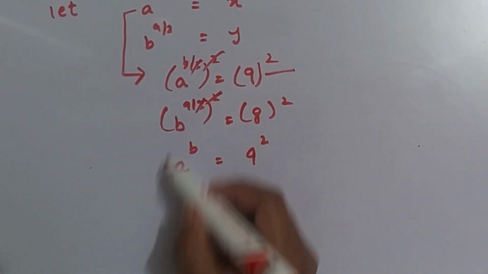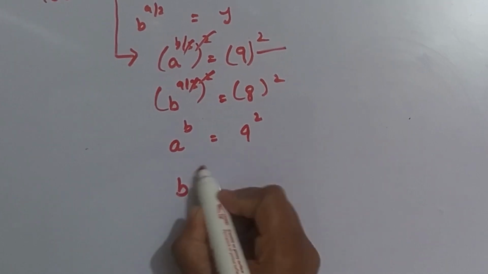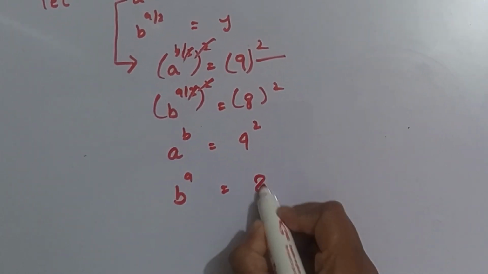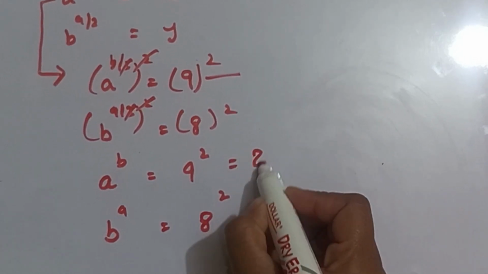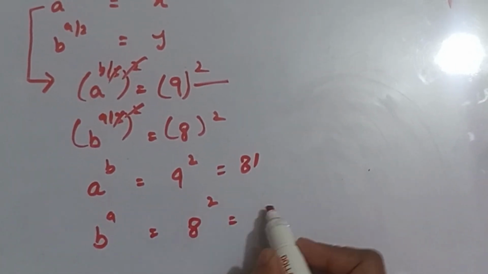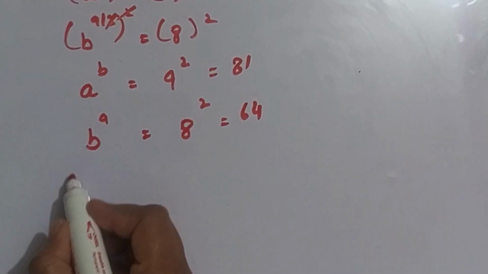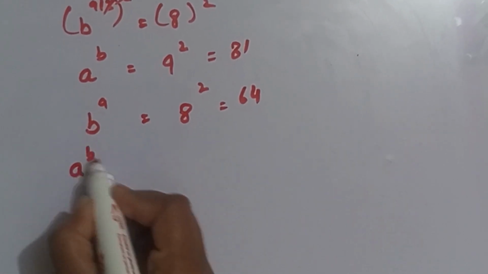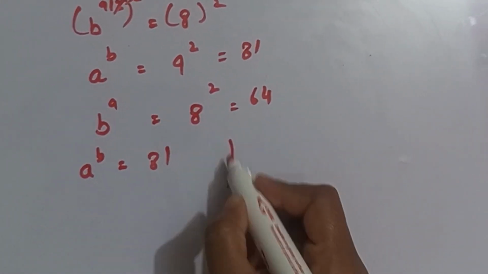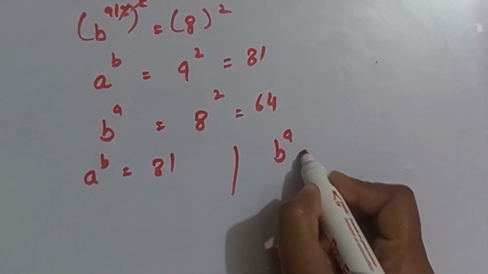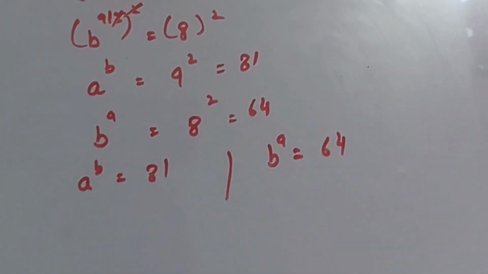We just get b raised to the power a is equal to 8 squared. 9 squared is 81, and 8 squared is equal to 64. This implies a raised to the power b is equal to 81, and b raised to the power a is equal to 64.